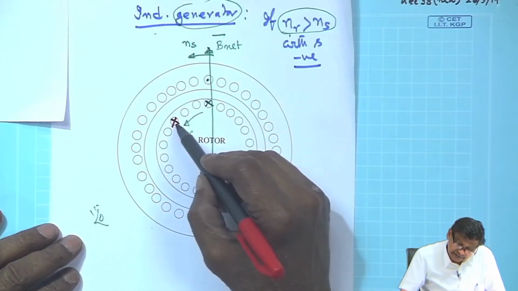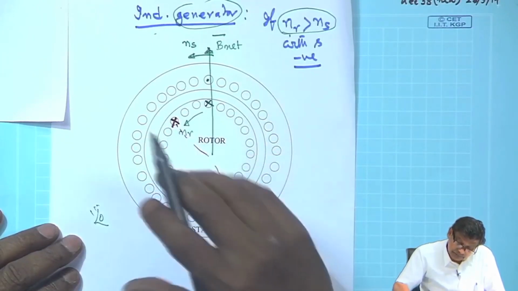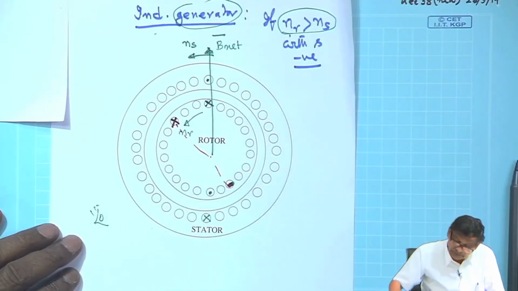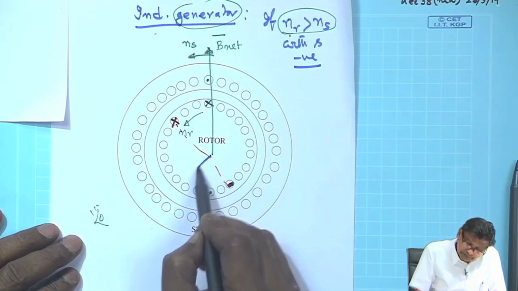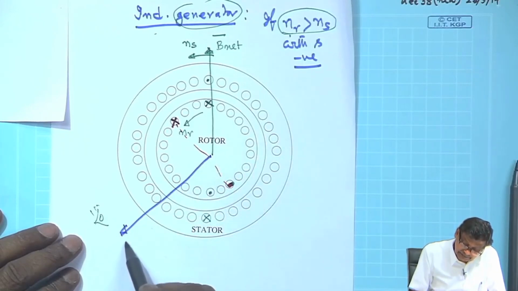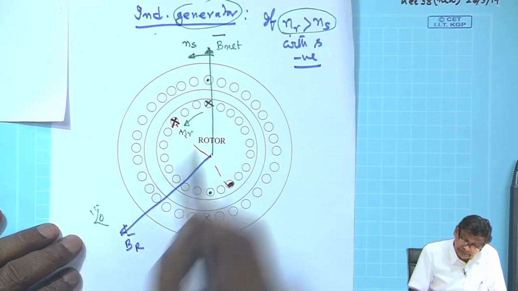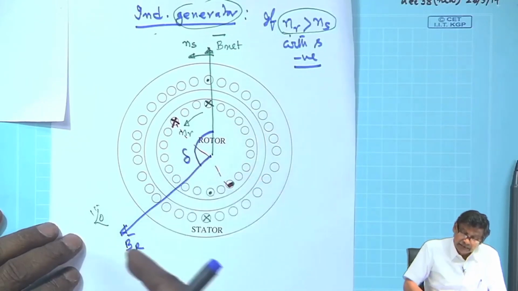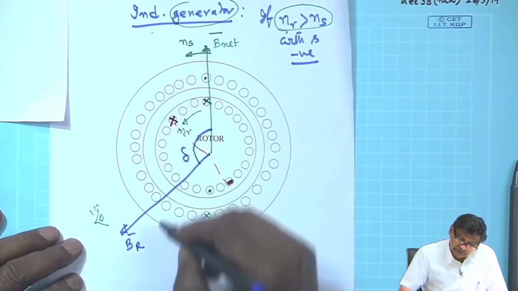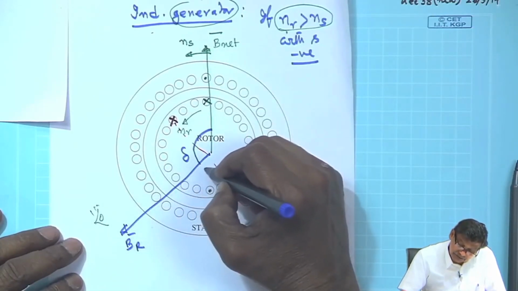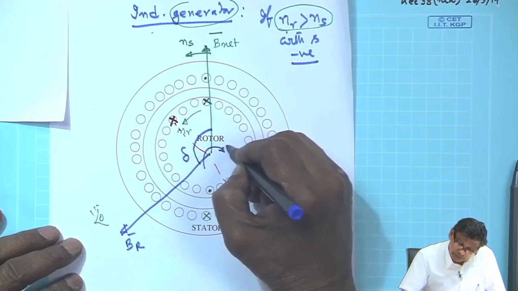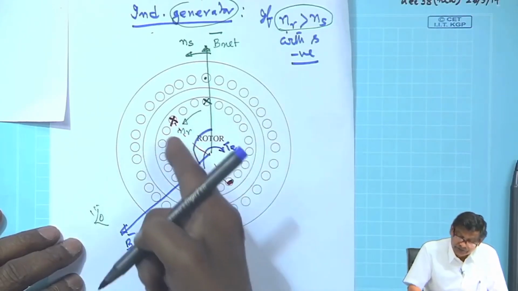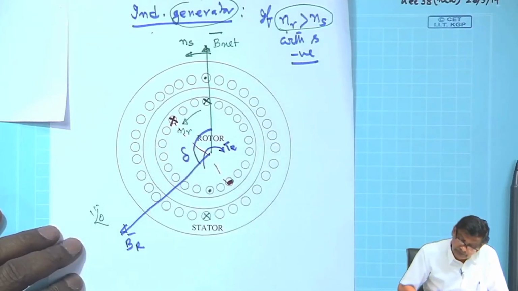If that is the current, then your B R should be perpendicular to this, somewhere here. This will be your delta, the angle between B R and B net. So, the electromagnetic torque will be in the opposite direction to that of the rotation in case of generator mode.